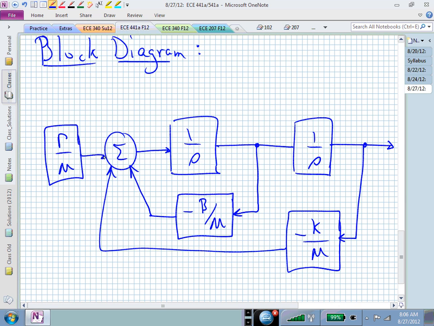And we also had the input U of s being applied to that particular system.